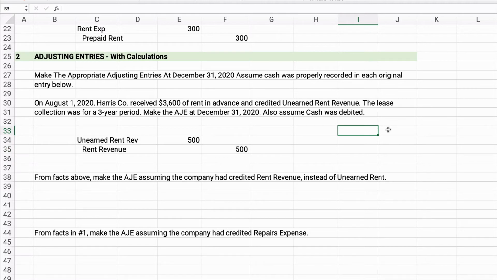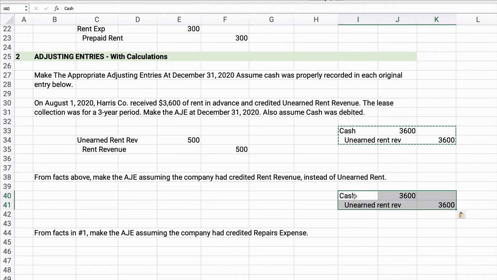This first one, we assume the very first entry was cash and unearned rent revenue, 3,600 and 3,600. We're assuming this entry was the original entry. What if the original entry was we credited rent revenue? Now, how does this change our problem?